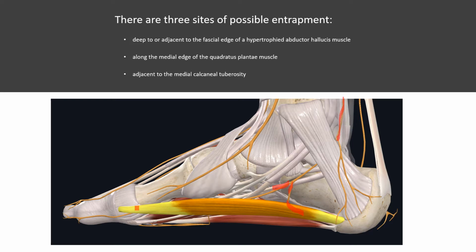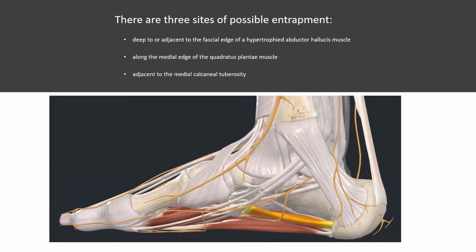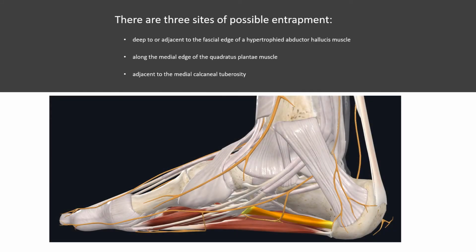It goes by this muscle right here, which is your abductor hallucis muscle, and then after it gets past that muscle, it goes adjacent to your calcaneal tuberosity and your quadratus plantae muscle, which is at the base of the foot right there, and here's the nerve going right under it, and then it traverses posteriorly around. Sometimes there's common heel spurs in this area, and those three areas are the main regions and potential entrapments that create the entrapment itself.